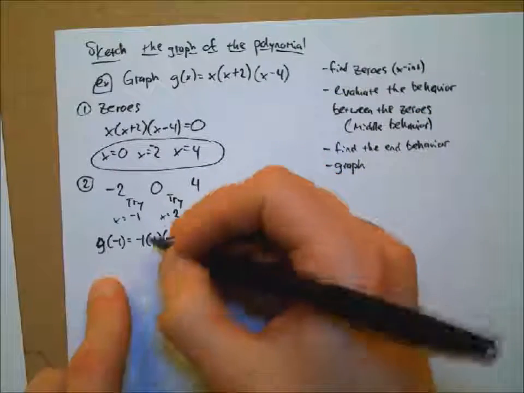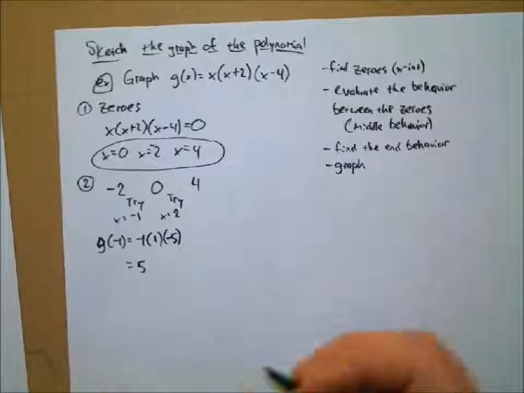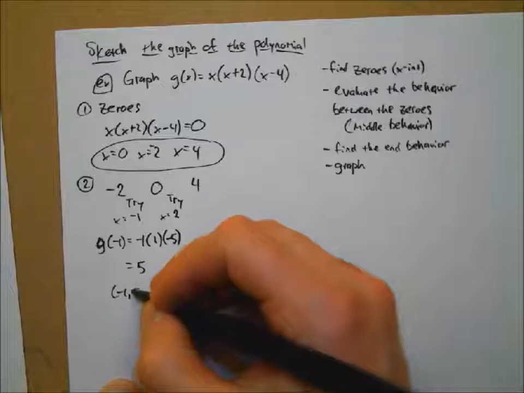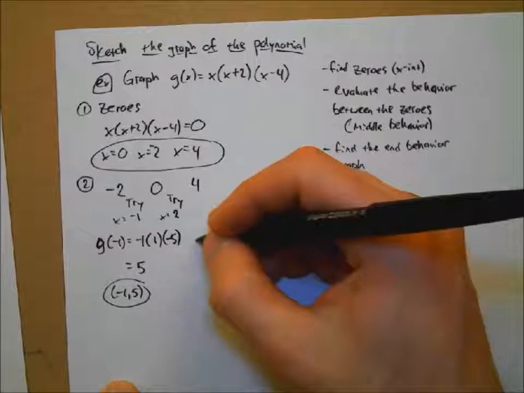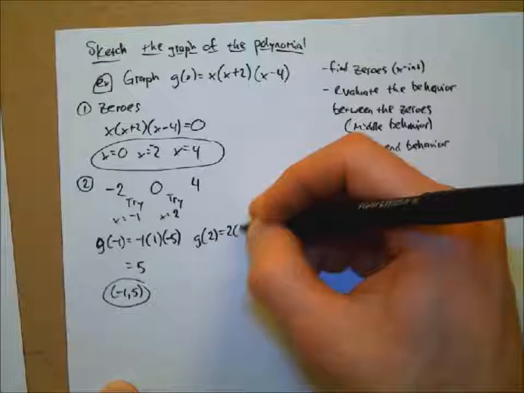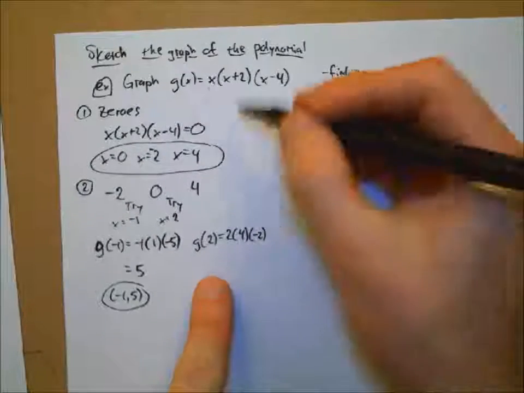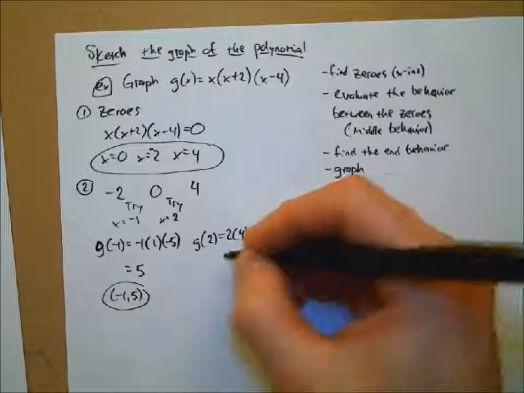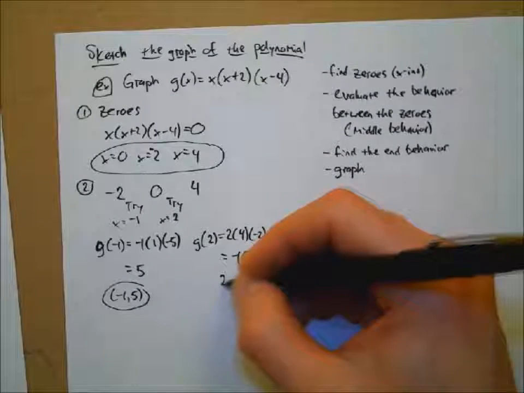Negative 1 times positive 1 times negative 5 is positive 5. And so we get -1, 5. So there's a point on our graph. And then g of 2, well, we'll do 2 times 4 times negative 2. And again, that's just me substituting the 2 back into the function here. And we'll simplify that to be negative 16. So 2, negative 16.